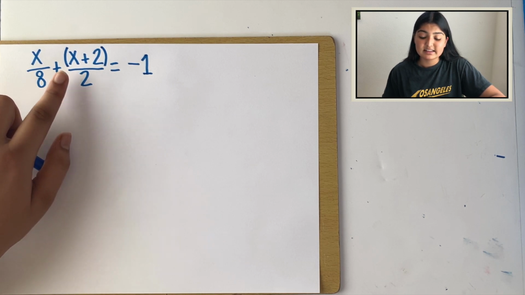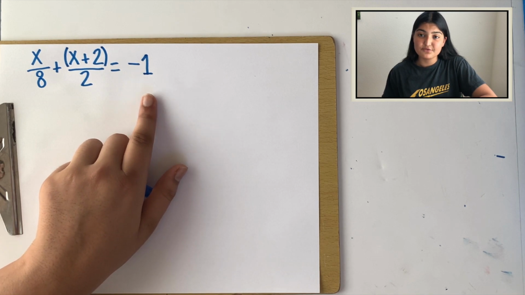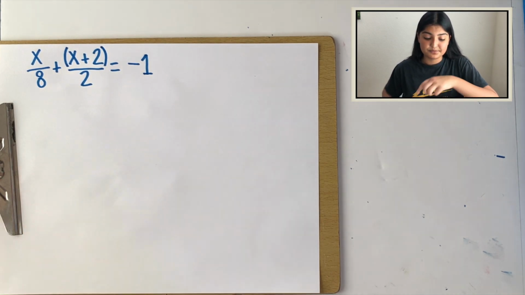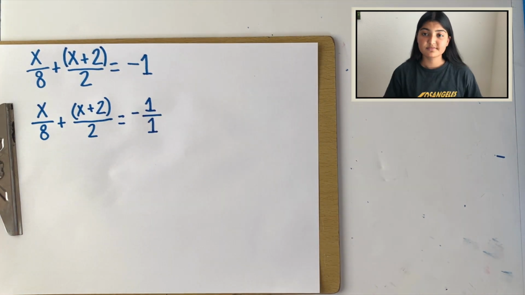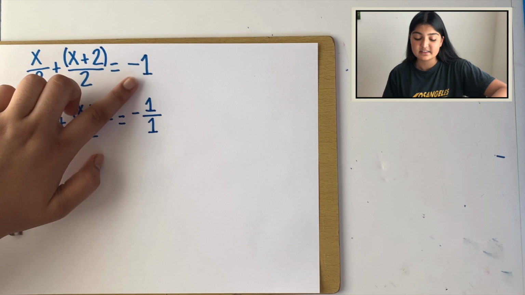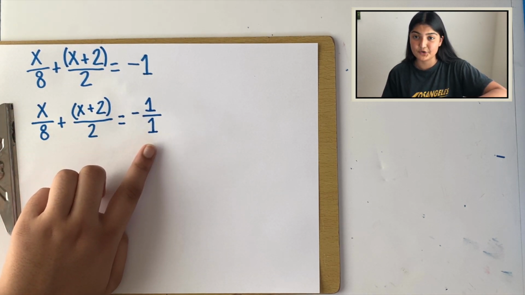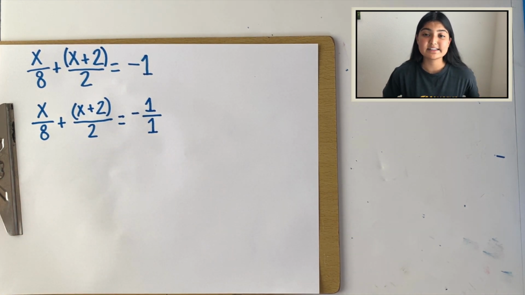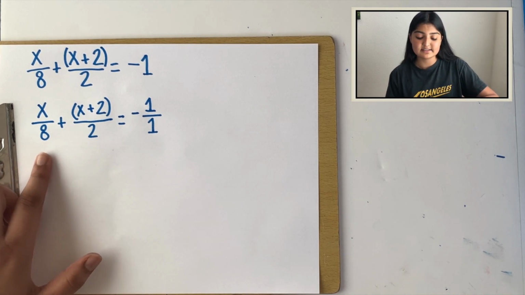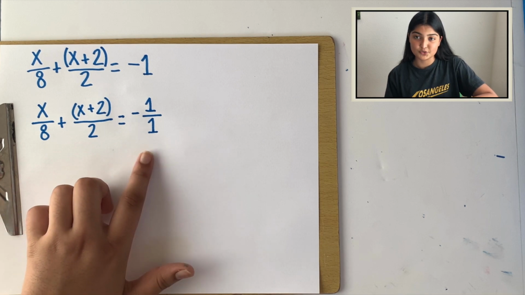Now, let's write -1 in fraction form. As you can see, I've written -1 as -1 over 1 in fraction form. And since we want to get rid of these fractions, we need to find the least common multiple. So let's start by finding the least common multiple of 8, 2, and 1.